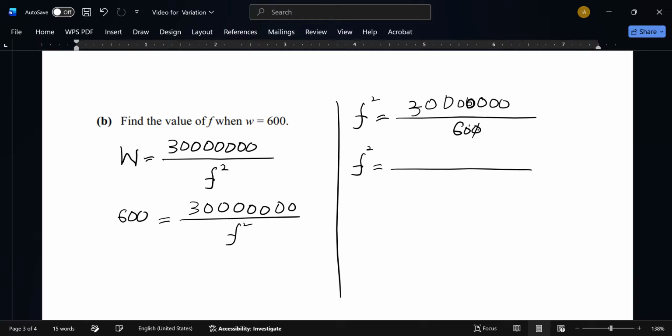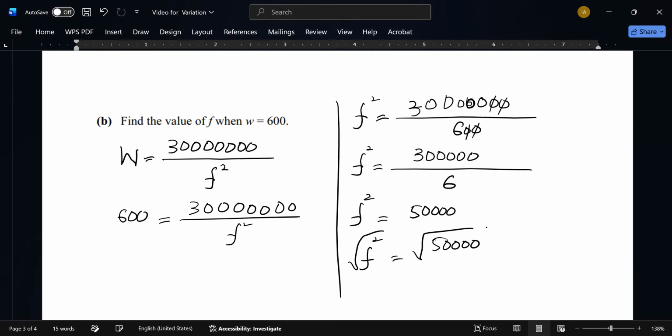Cancelling the zeros, it is going to be 1, 2, 3, 4, 5, which is 6. I need to take the square root of this answer. Okay, let's take the square root.